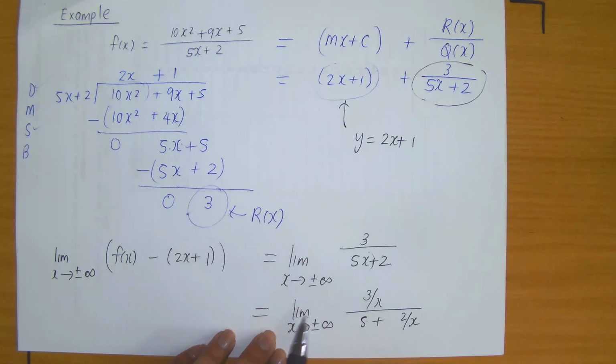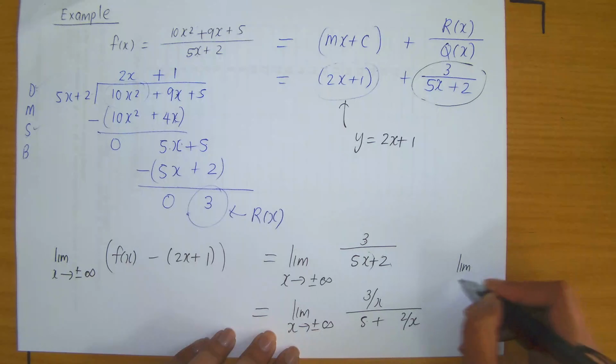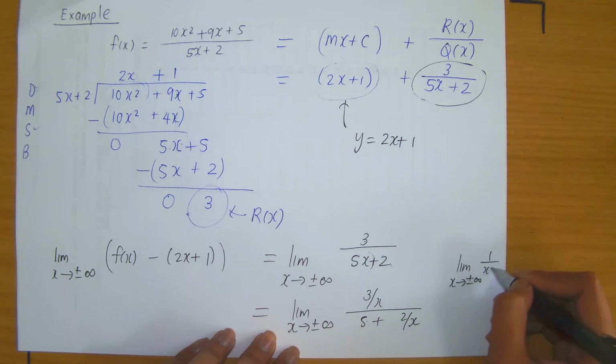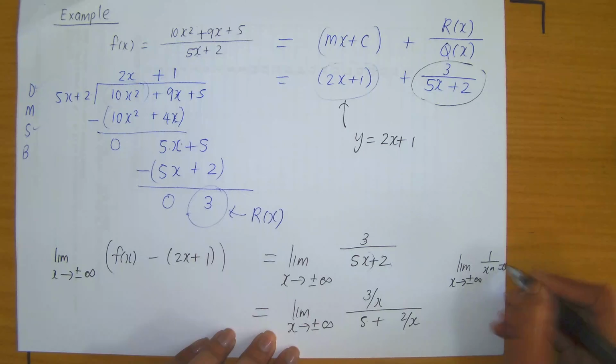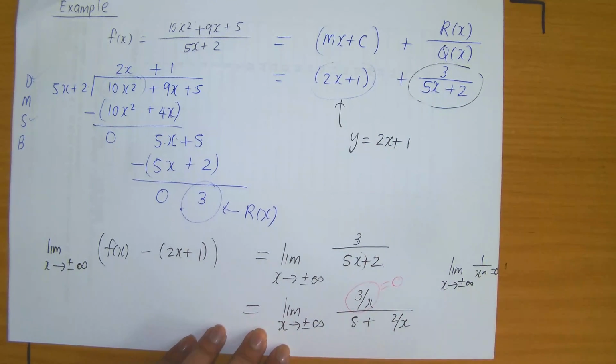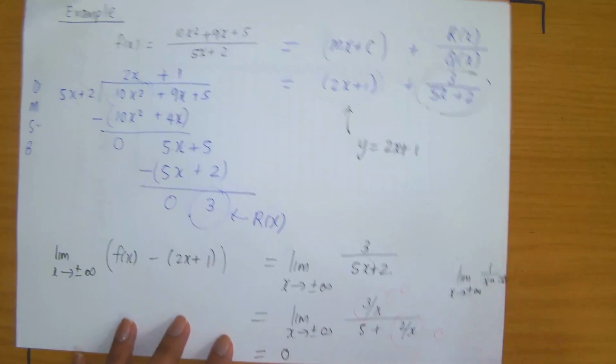Then you can push this limit into both the numerator and the denominator and the individual terms. Once again, because we know that the limit at positive and negative infinity of 1 over x to the n is 0, I know that this will be evaluated and give me 0, and that will be evaluated and give me 0. So I observe that my final answer is indeed 0.